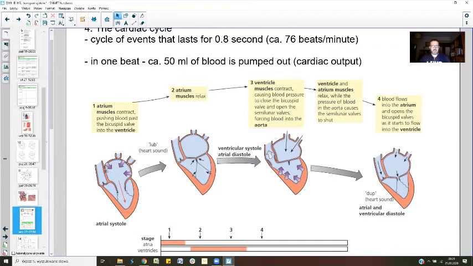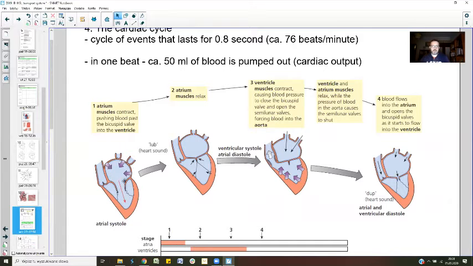It's called atrial systole. In this event, both atria contract and blood is pushed to the ventricle, which is relaxed and not filled with blood completely yet.